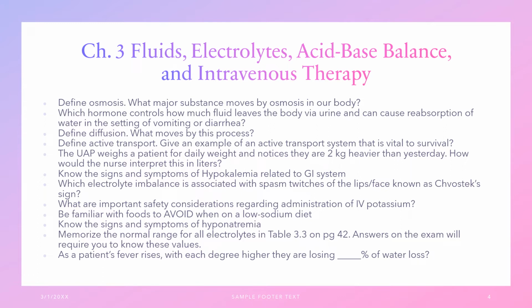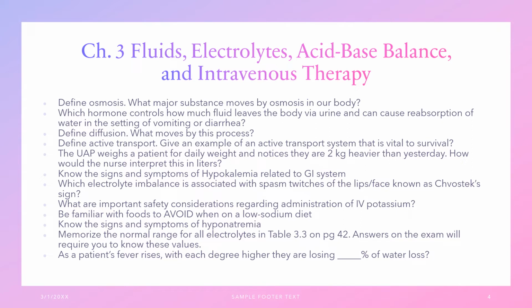Active transport can move substances from an area of lower concentration to an area of higher concentration. The sodium pump is the mechanism by which the sodium and potassium are moved into and out of the cells via active transport. So that's a great example of an active transport system within our body that is definitely vital to survival.